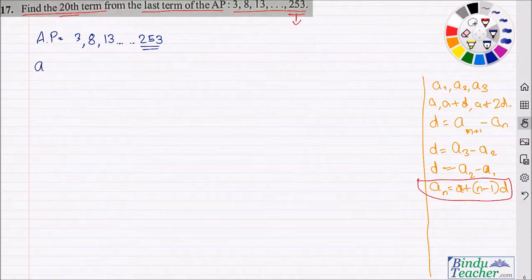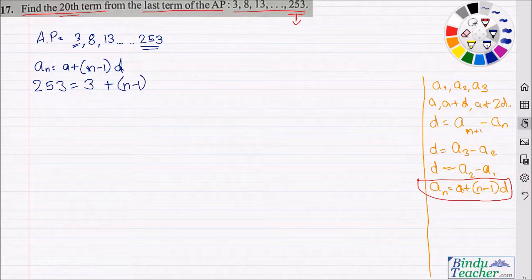So I'll write A of n equals A plus n minus 1 into D. A of n, we already know the value, 253, equals the value of A. The value of A is the same as the value of A1, which is 3 here. Plus, we do not know the value of n.